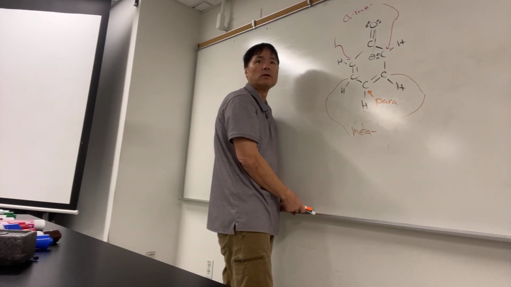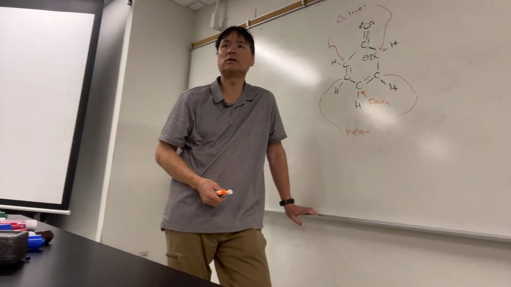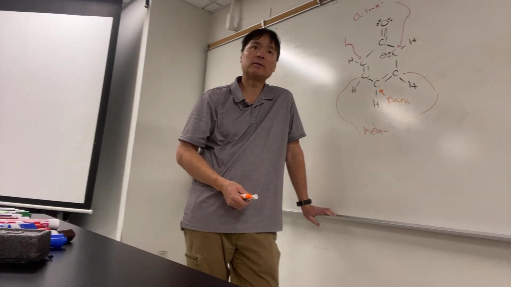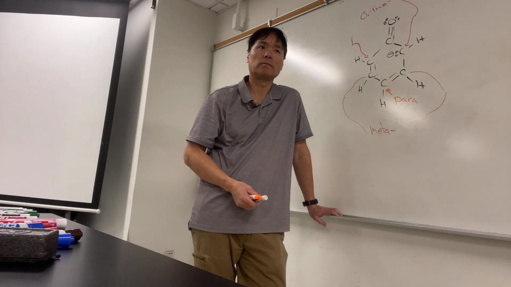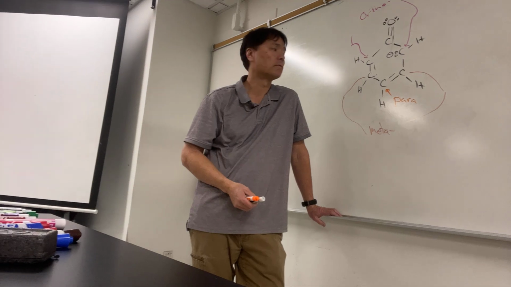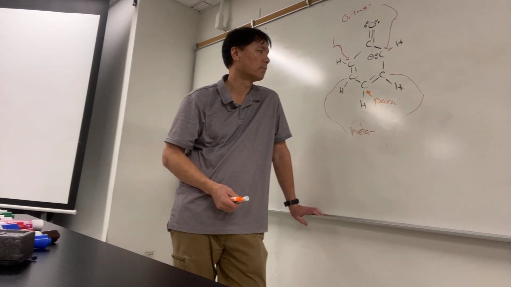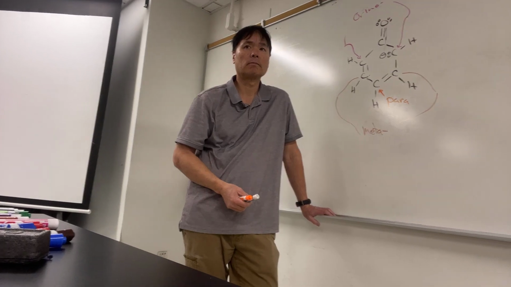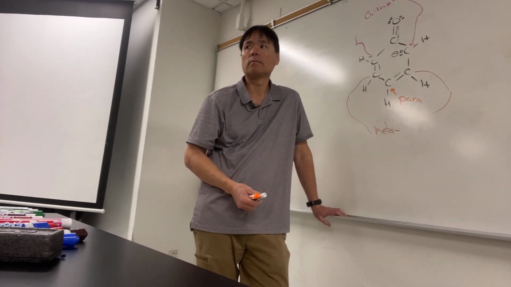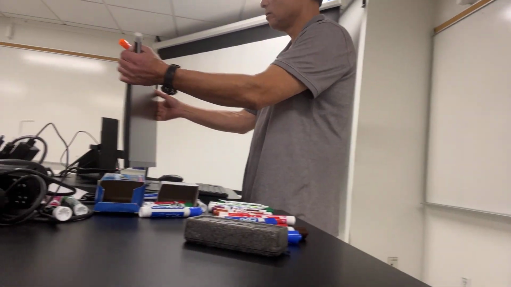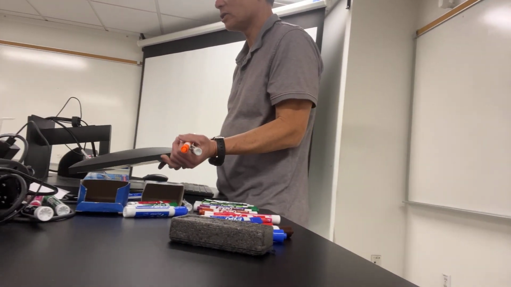So look at the resonance forms. Did you see the negative charge go on to the meta position? In other words, the lone pair ends up on the ortho and the para positions only.